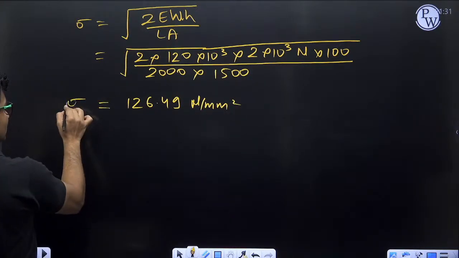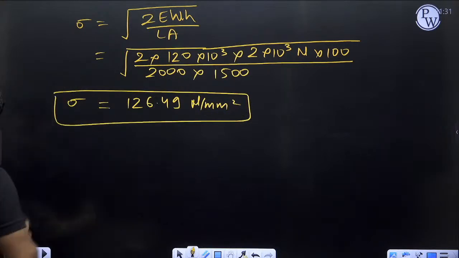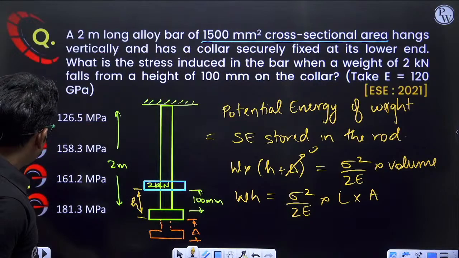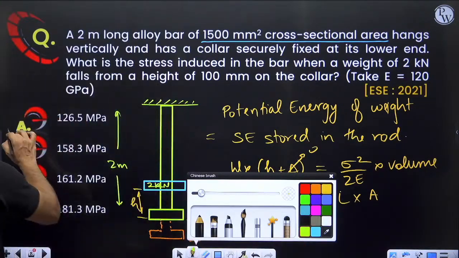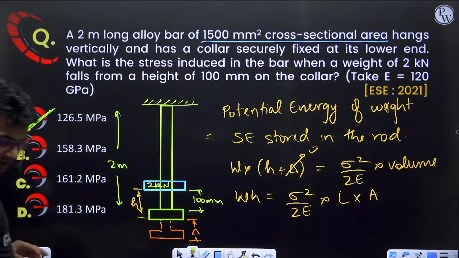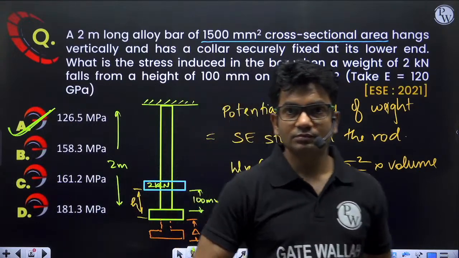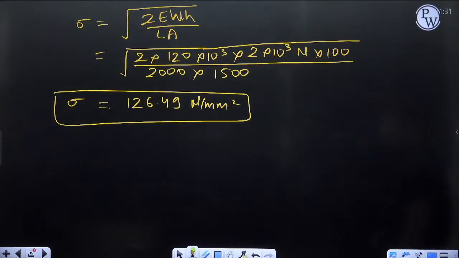Okay, so stress is 126.49 Newton per mm square, 126.5. So the correct answer will be option A. Clear? Let's move on to the next question.